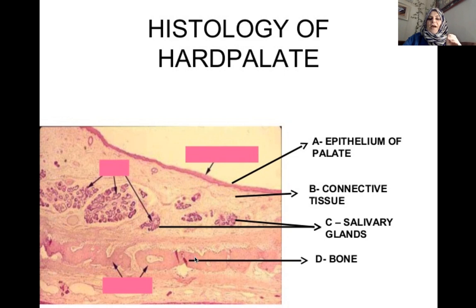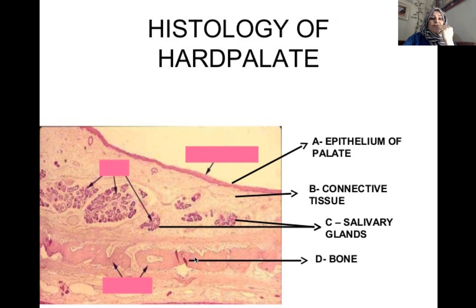Also, underneath this epithelium, we can find clusters of adipose tissue cells, and even with the tongue you can feel these clusters of adipose tissue. This is on the surface just nearby the oral cavity.